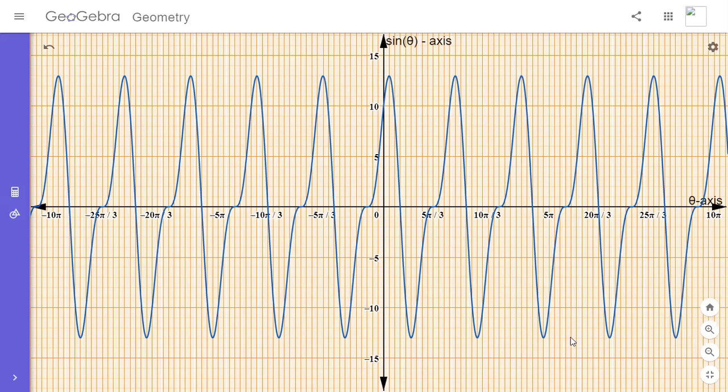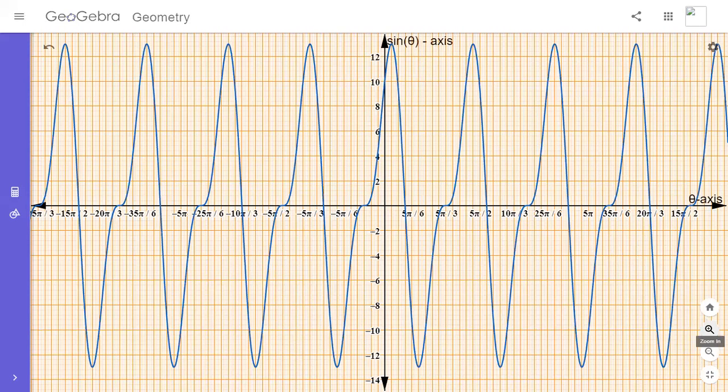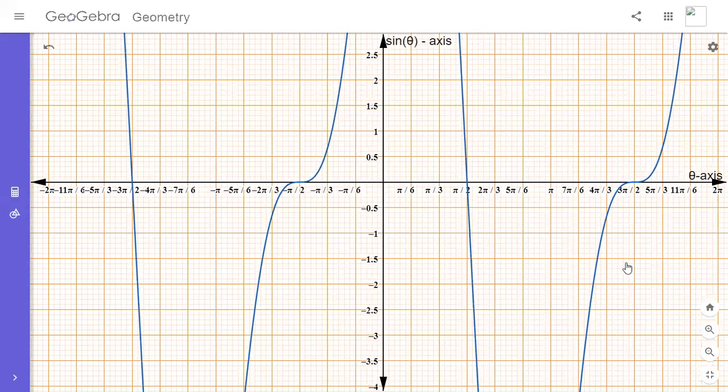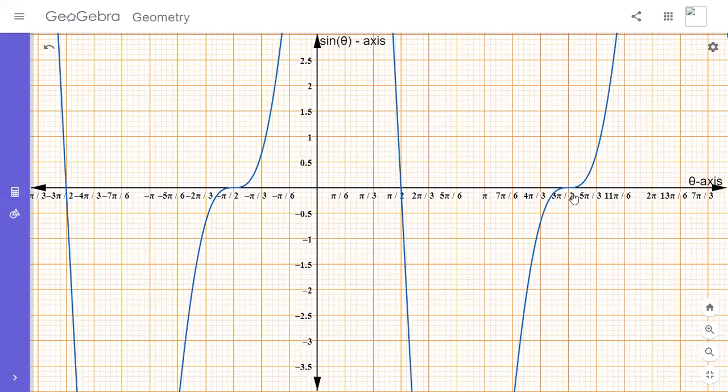Great. And remember that we said that at the point 3 pi over 2 plus 2n pi, we're going to have a possible point of inflection. Clearly you can see that. Let's look at a simple case when n is 0. We're going to have 3 pi over 2, which is right here.